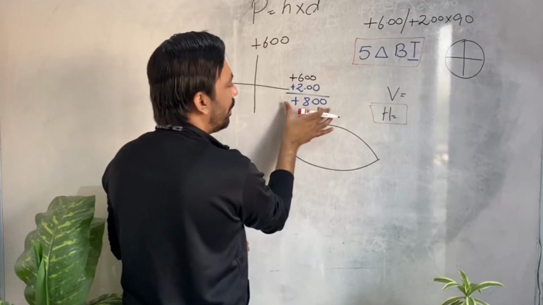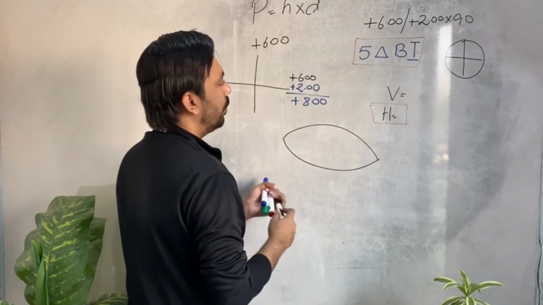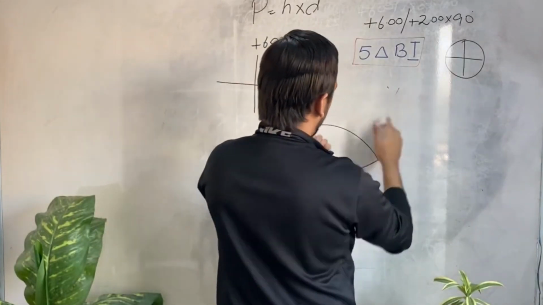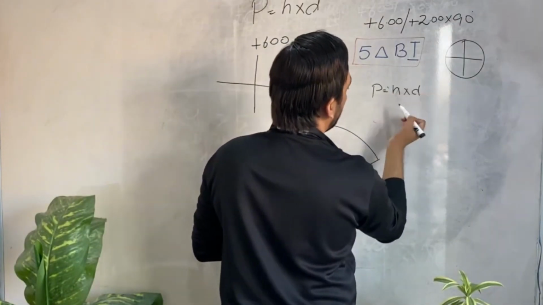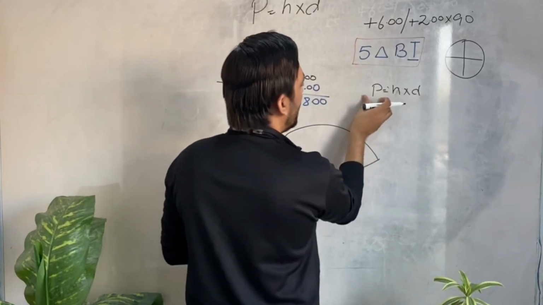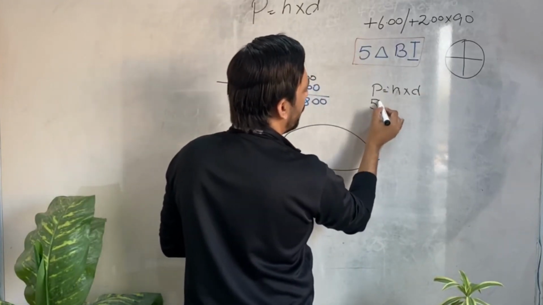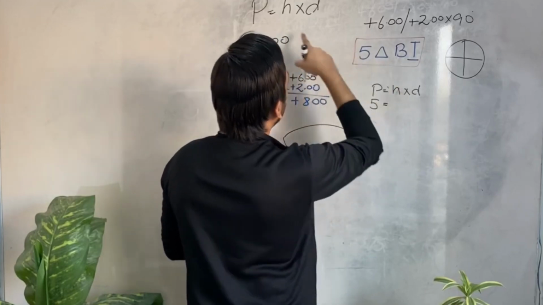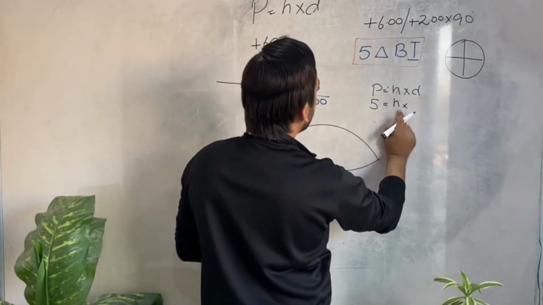So we will put +8 in the formula, and you know very well what the formula is: P = H × D. P is the prismatic effect, which is given, and that is 5. H is the decentration, which we do not have, so we will write it as such.